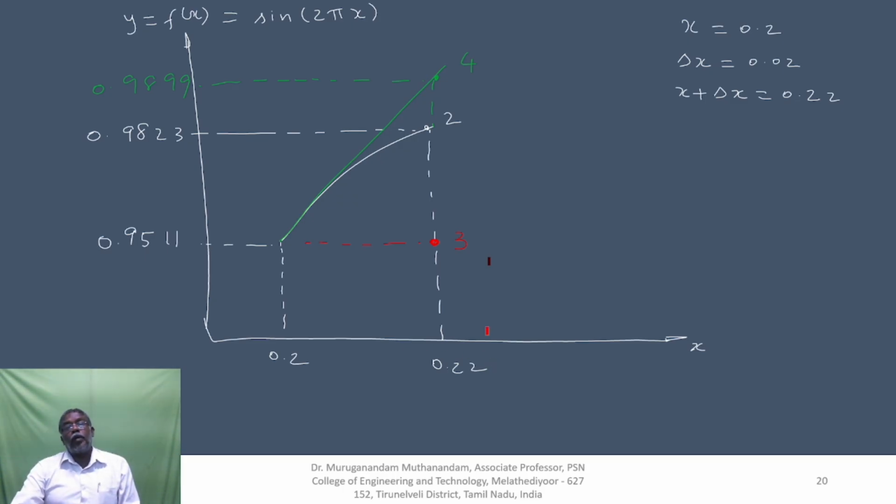You see what is the difference? The exact value is 0.9823, obtained from the analytical solution, whereas 0.9511 is an inexact, approximate value obtained using a numerical procedure, that is the Taylor series expansion, where we have neglected all the terms except the first term.